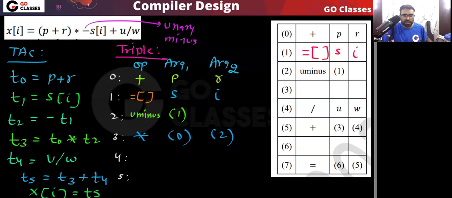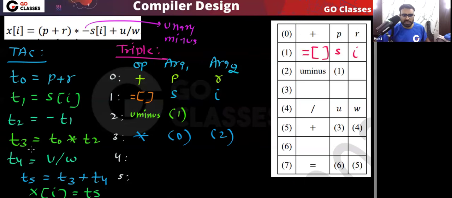This is the benefit of starting the temporary variables from 0: I know that in the triple representation the positions start from 0.